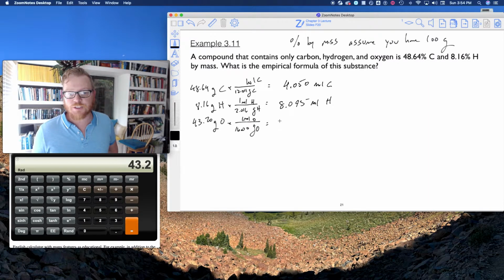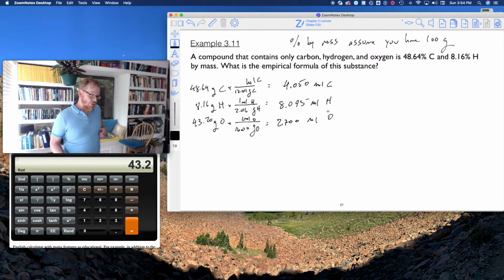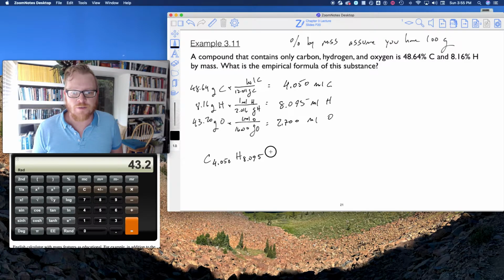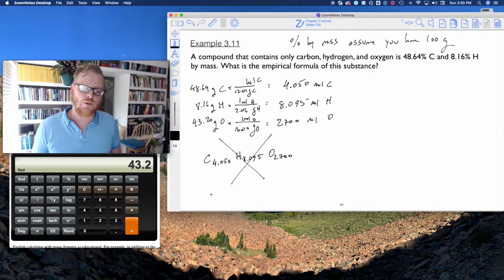And when I do this calculation for oxygen, I get 2.700 moles of oxygen. So what does all of this mean? This compound would have a formula C4.050 H8.095 O2.700. And that's a big no dice.